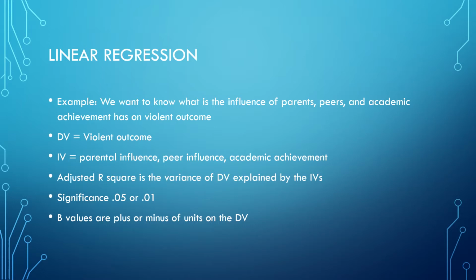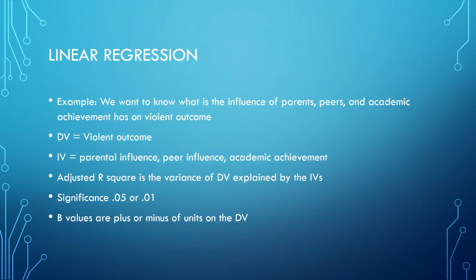So let's say we found an adjusted R square of 0.40. So what that means is that 40% of the violent outcome of the participants in the study can be explained by our independent variables, such as parental influence, peer influence, and academic achievement.